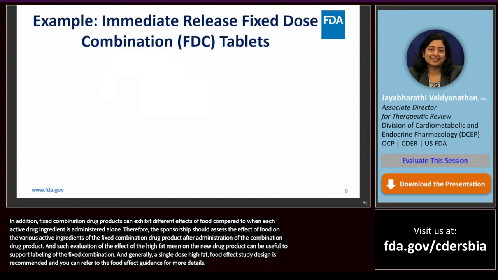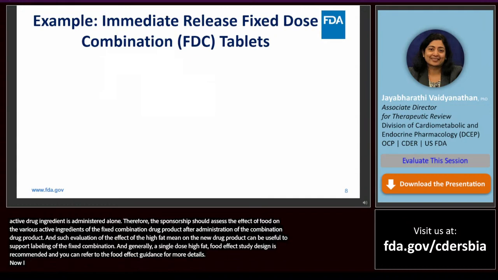Now I will present an example of an immediate release fixed-dose combination tablets.